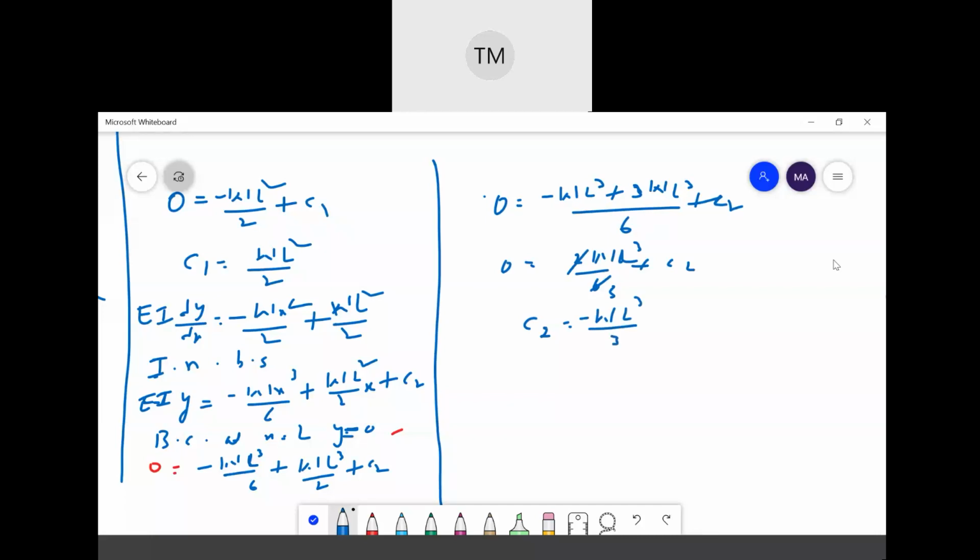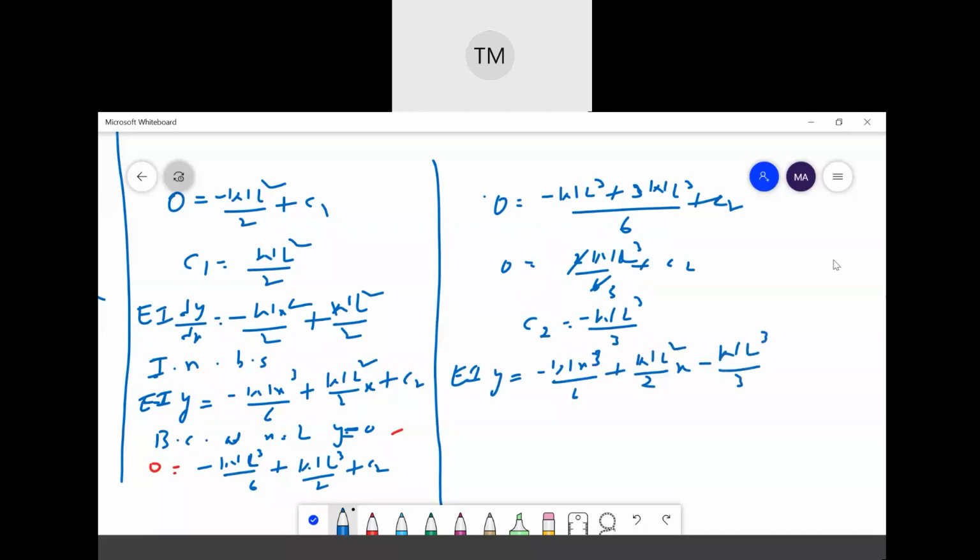Then the deflection equation is EIY is equal to minus W x cube by 6 plus WL square by 2 into x plus the value of C2, which is minus WL cube by 3.